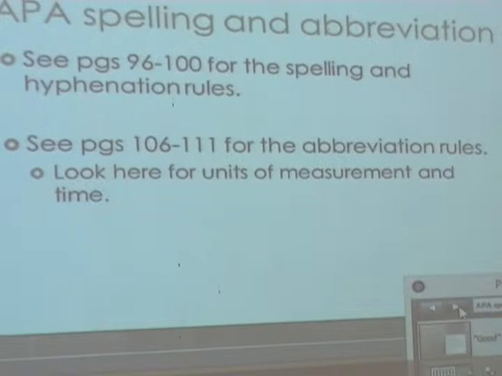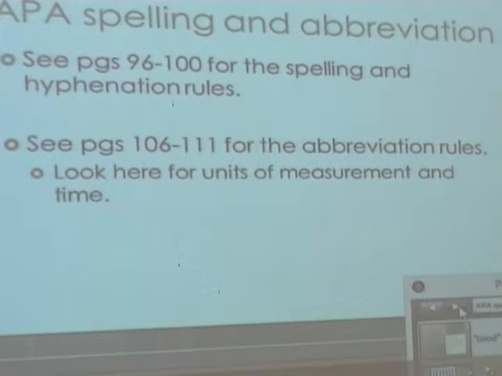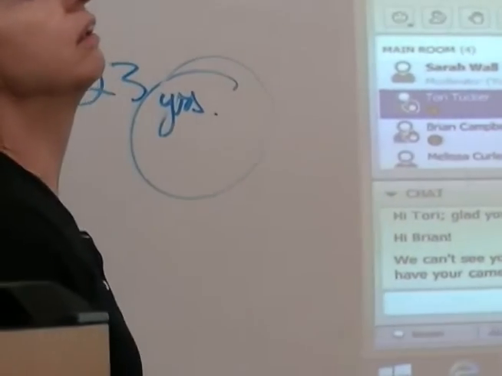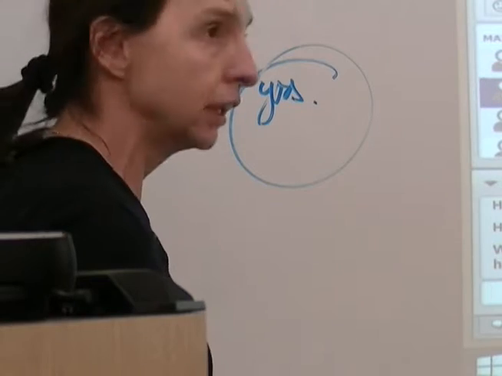When I'm doing ages, when I'm talking about my participants, I always want to put 18 to 23 years. I do that all the time. And then I get a great big circle around it and I'm like, oh, I'm supposed to write out years and I forgot again.